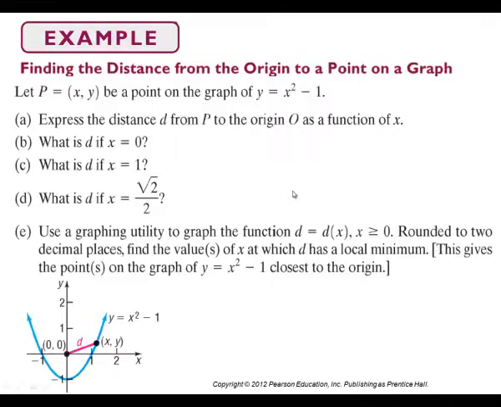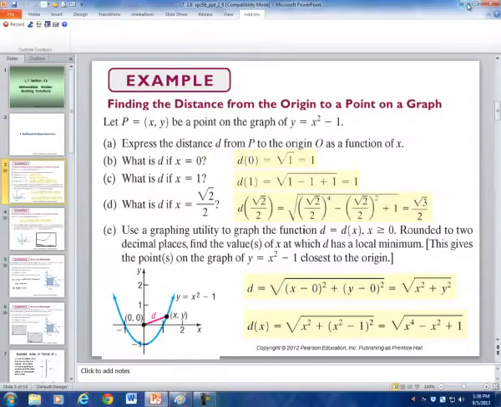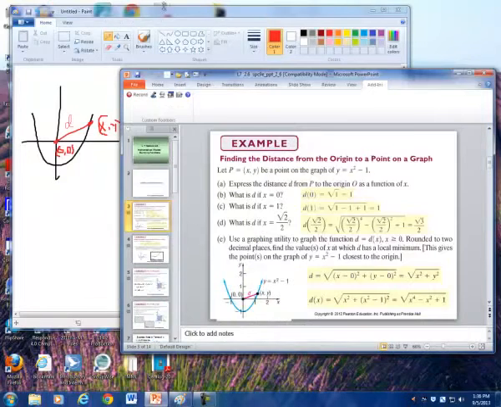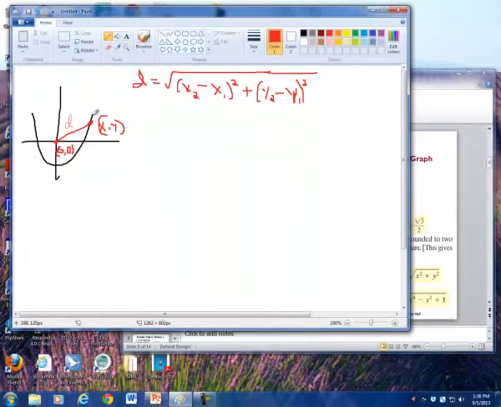Well, in order to do that, we have to take a look at, here we have a reconstruction of that same parabola, and we have our origin and point P. Here's our distance, and we're going to use the distance equation. Square root of (x2 minus x1) squared plus (y2 minus y1) squared.